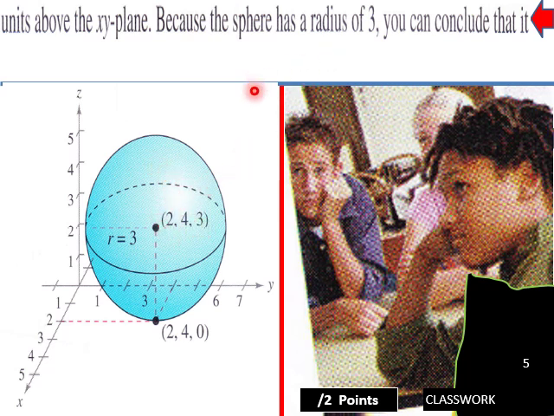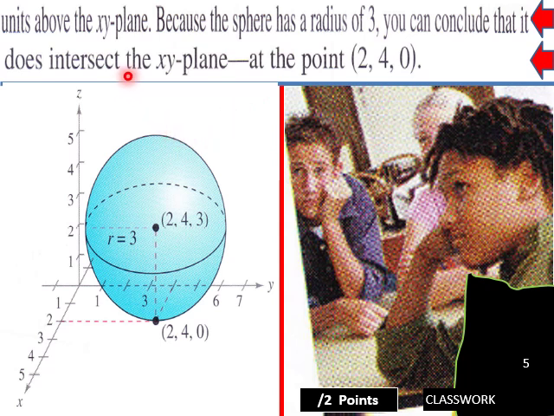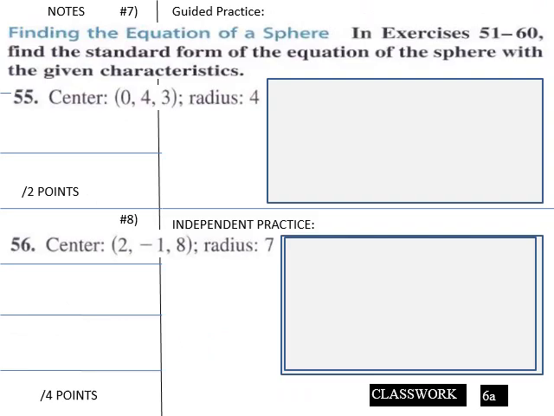You can conclude that it does intersect the XY plane at the point 2, 4, and then 0. Here's your intersection of the XY plane down here. So it does intersect it there.